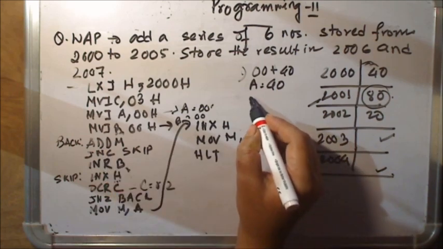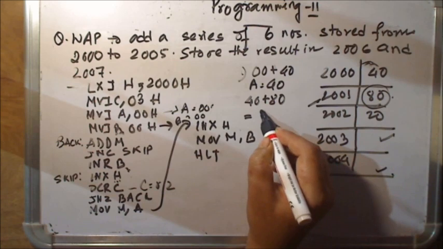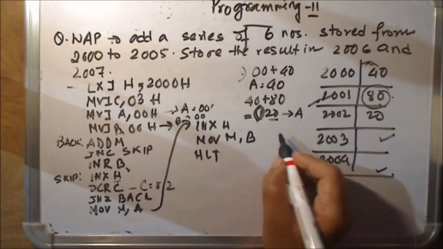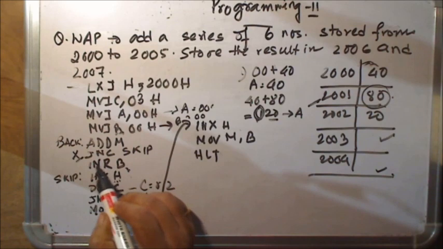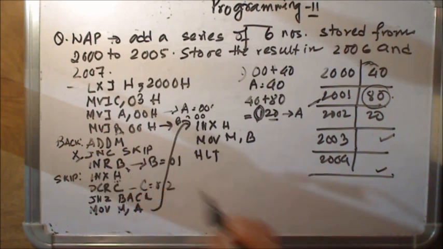ADD M. So we will add now 40 plus 80. The answer will be 120, that is carry is generated, 1. So 20 will be in A, and since carry is generated, this condition will be false. So B will be incremented, so B will be 01.